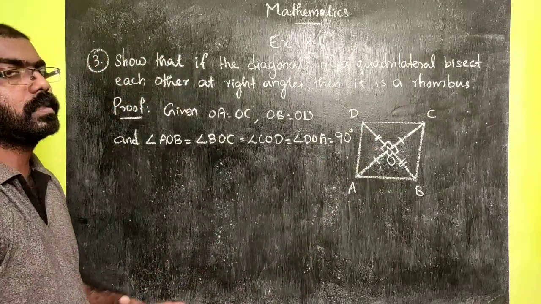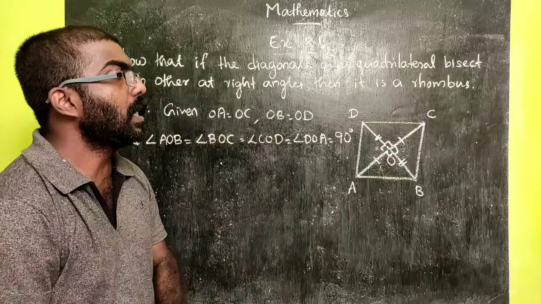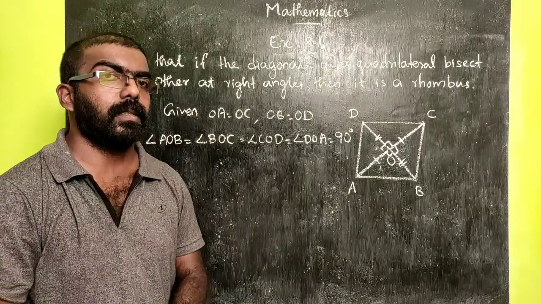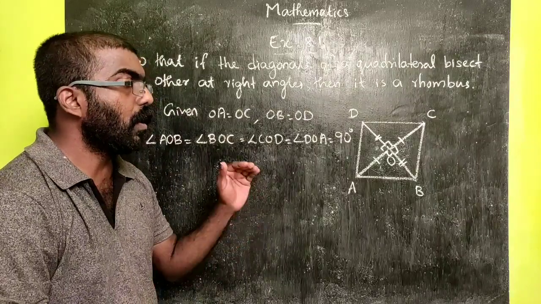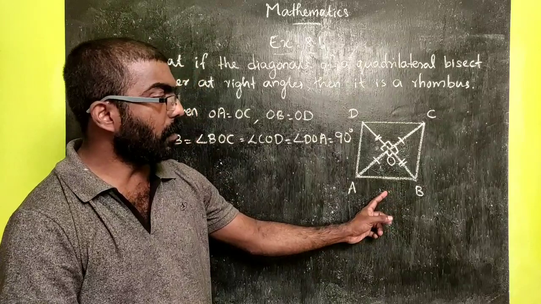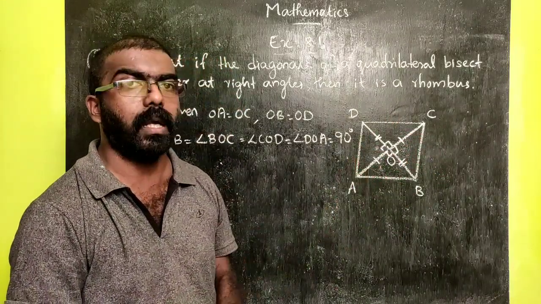So this much is given in the question. We have to prove this quadrilateral is a rhombus. So in order to prove it is a rhombus, we have to prove all four sides are equal. That means AB equal to BC equal to CD equal to DA.